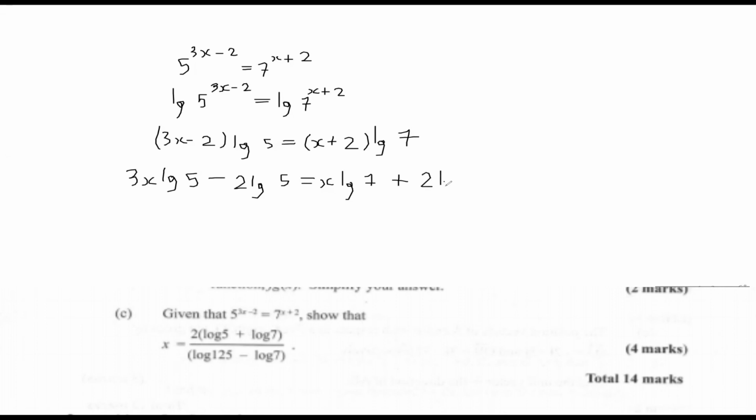Now, the only thing that's required now is to have the x's on one side. So I'm going to bring over this x over here and bring over that over there. Bringing over the x, I'm going to have 3x log 5, and then minus x log 7.